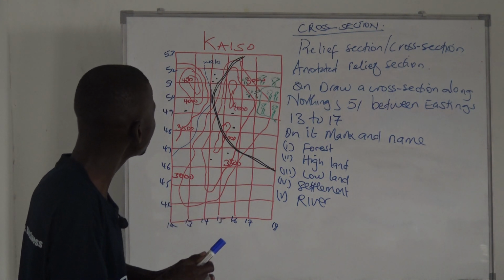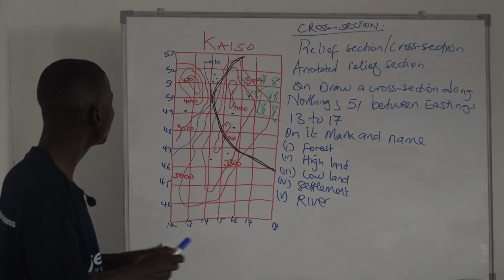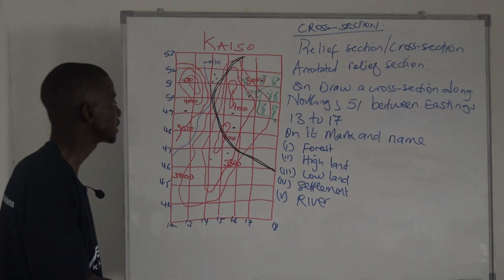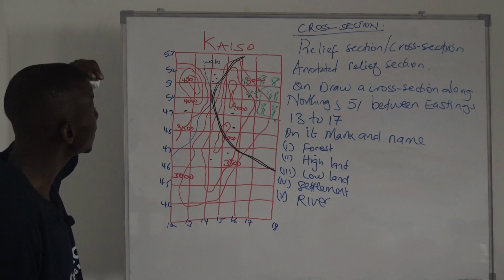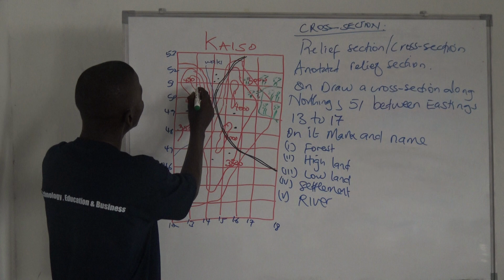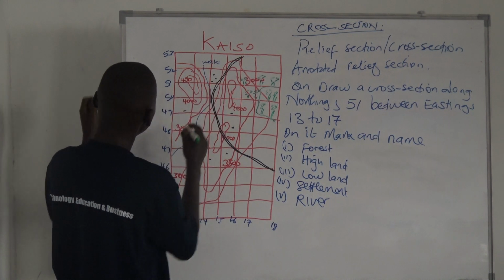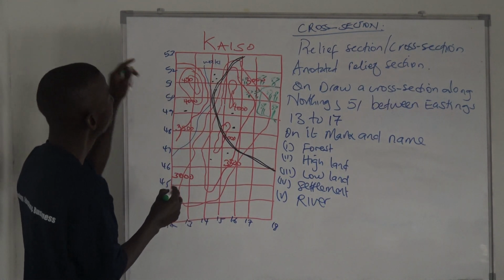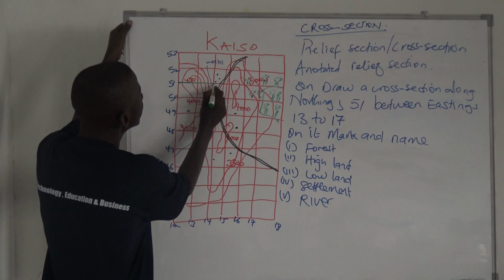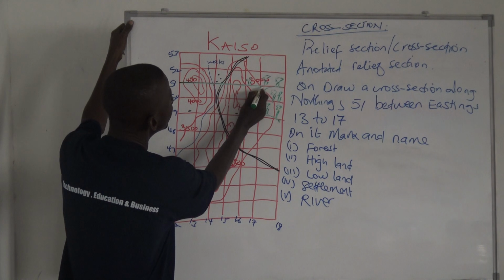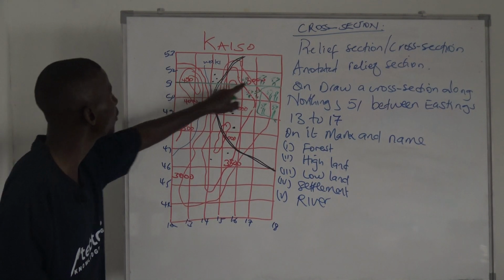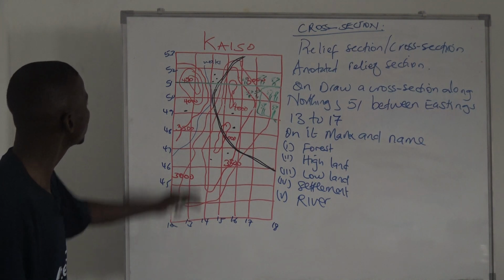The first thing to do is to identify those points they are talking about. They want us to know that we are going to draw a cross section along this line 51. This is line 51. So our cross section is going to lie along that line, but not the whole line.